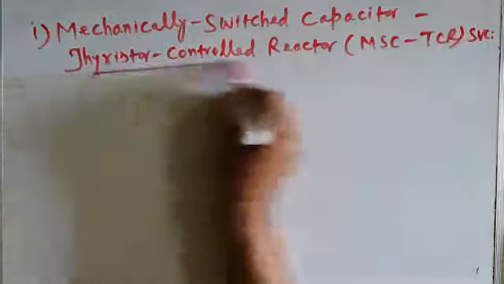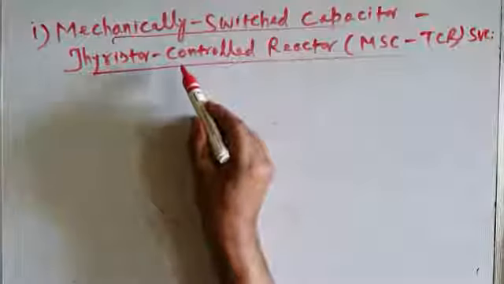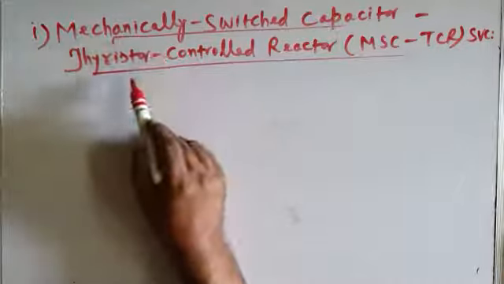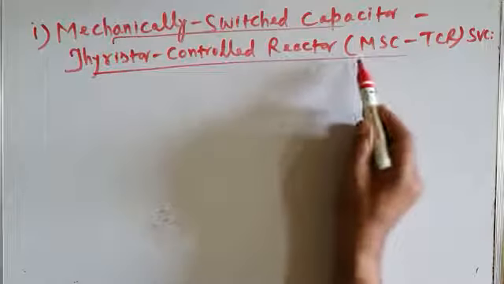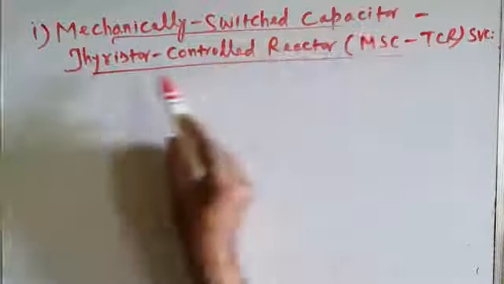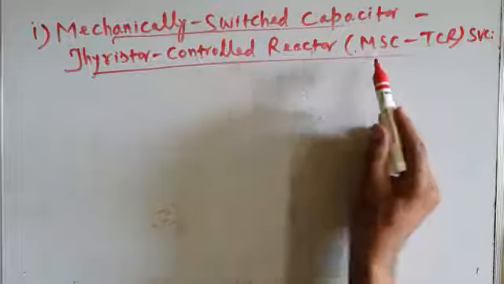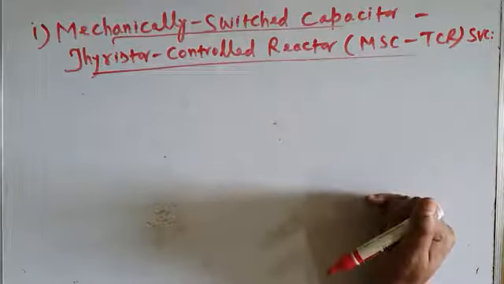An SVC where the capacitor bank is mechanically switched, and along with the capacitor bank we have a thyristor controlled reactor. So it is mechanically switched capacitor, thyristor controlled reactor, SVC, that is MSC, TCR, SVC.